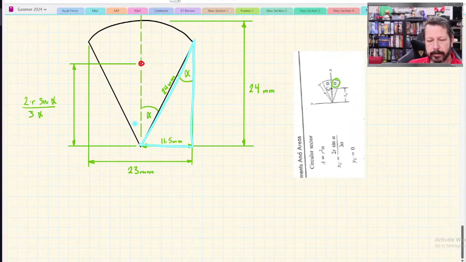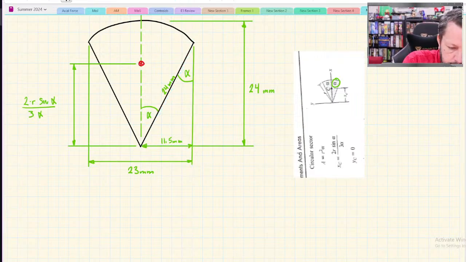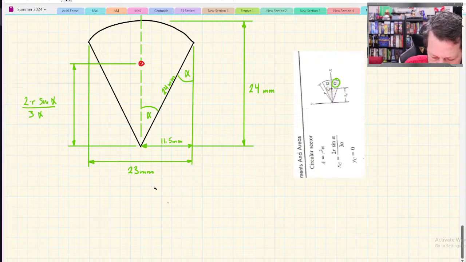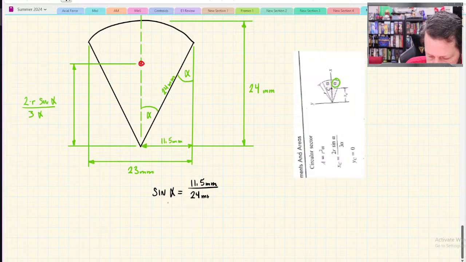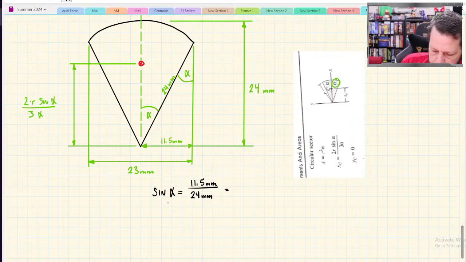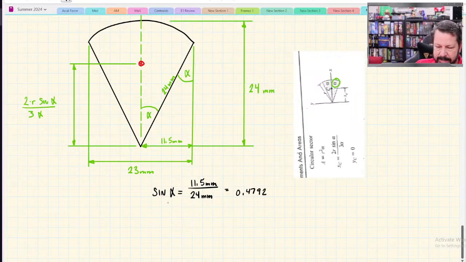So sine of alpha equals opposite side over the hypotenuse. So 11.5 divided by 24, 0.4792. That's the sine of alpha.